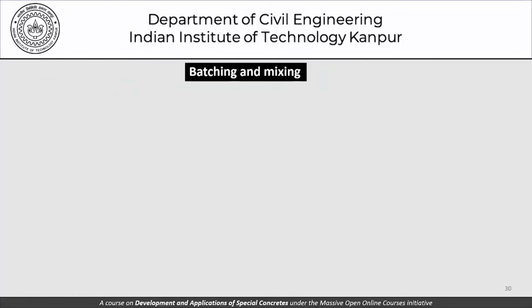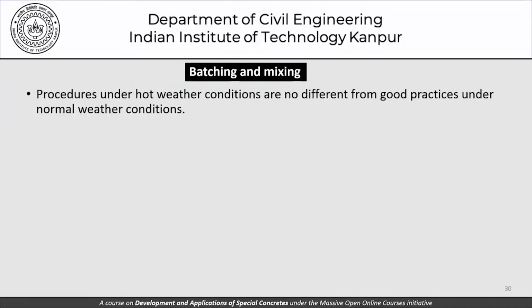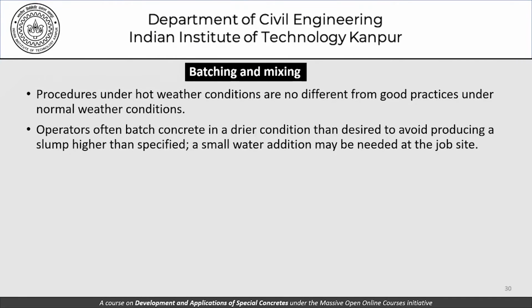As far as batching and mixing is concerned, procedures under hot weather conditions are no different from good practices under normal weather conditions. Operators often batch concrete in drier condition than desired to avoid producing a slump higher than specified. A small water addition may be needed at the job site.